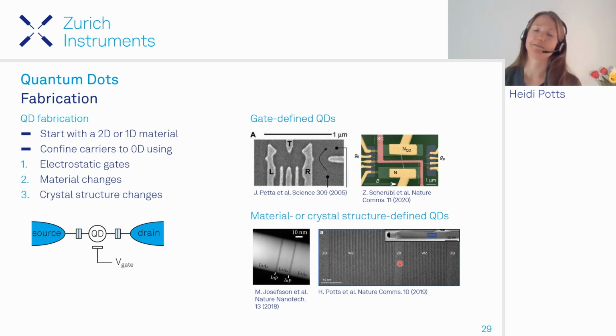Now also these crystal phases have different electronic properties. And so it turns out that the electrons will now be confined in the central zinc blende segment, which is a quantum dot. Now, as you can see from the reference, this topic is actually very close to my heart because I had the opportunity to study such quantum dot devices as a postdoc in Lund.